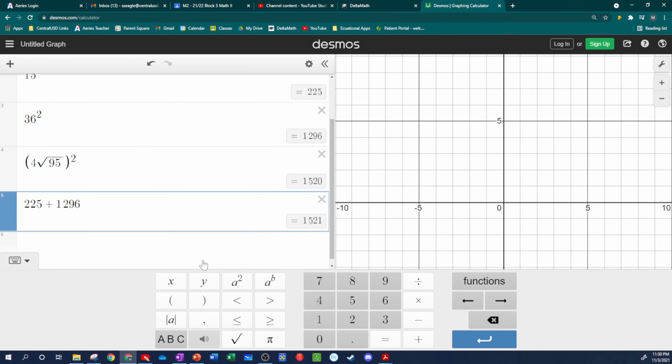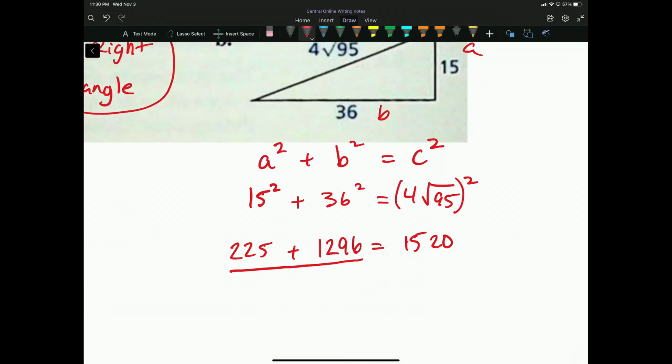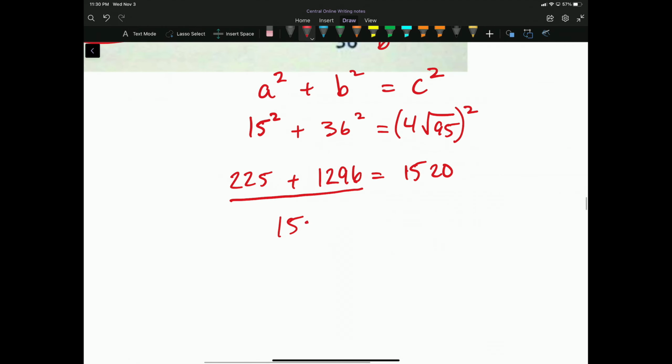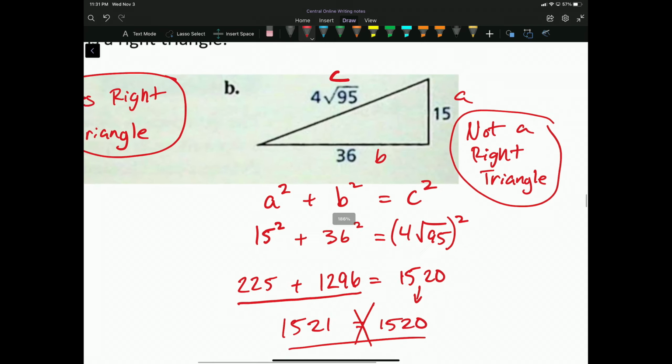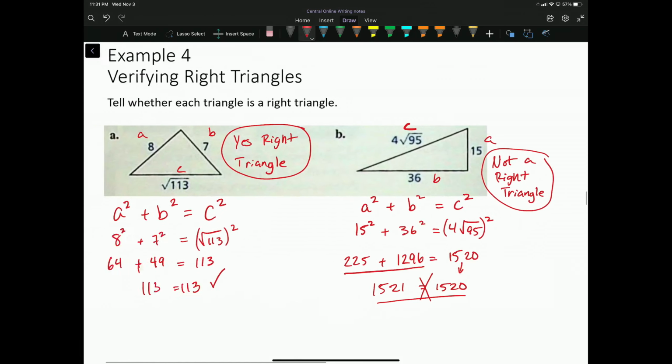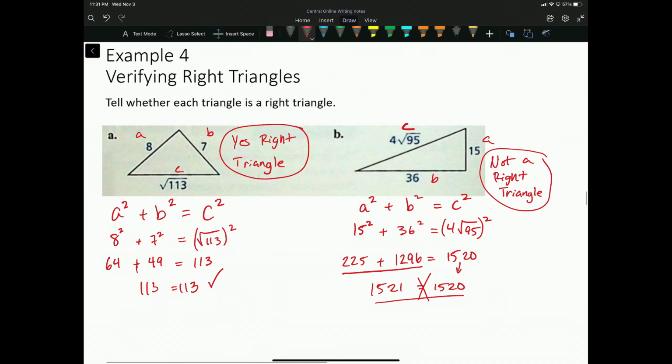We add that, so we got 1521. So we have 1521 and 1520. These are not equal. So we're going to say not a right triangle. That's our answer. So that's example 4 continued from our last section.